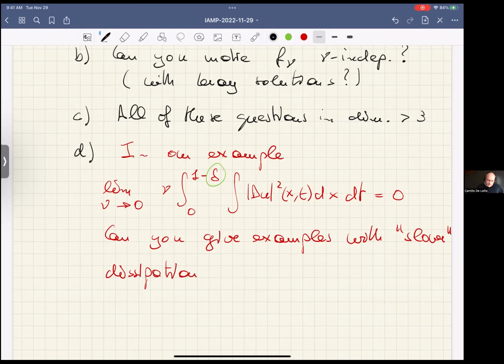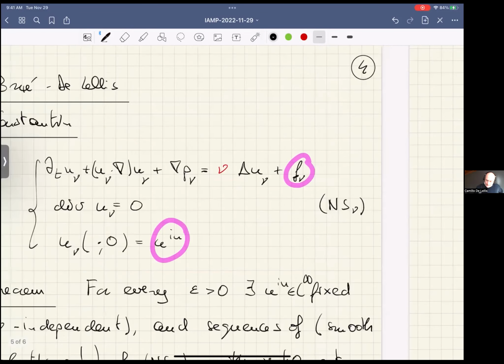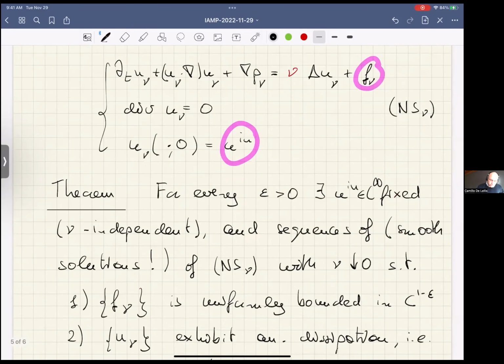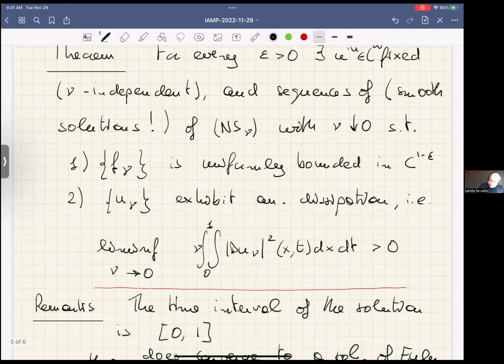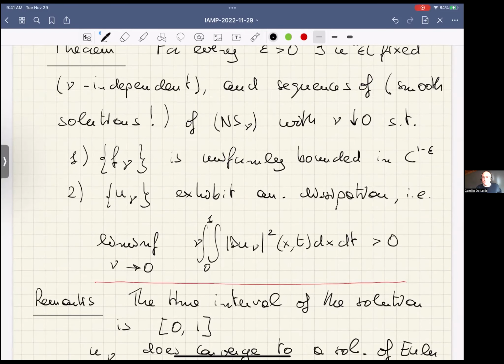But what is actually remarkable in the end is that we are exactly able to reach this threshold, right? So this was an unexpected consequence of our work. We were at the beginning certainly not expecting that our technique gives you, in a sense, the sharp regularity for this type of behavior.